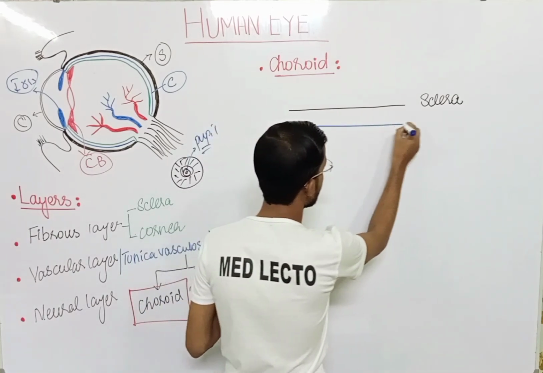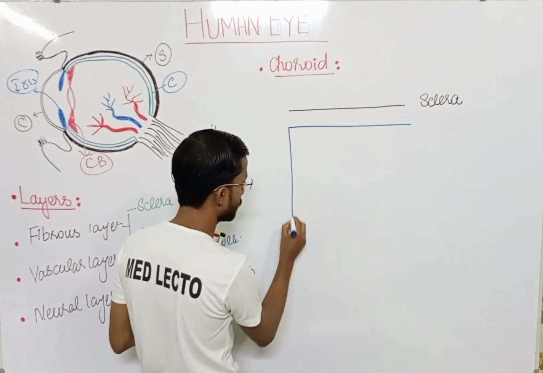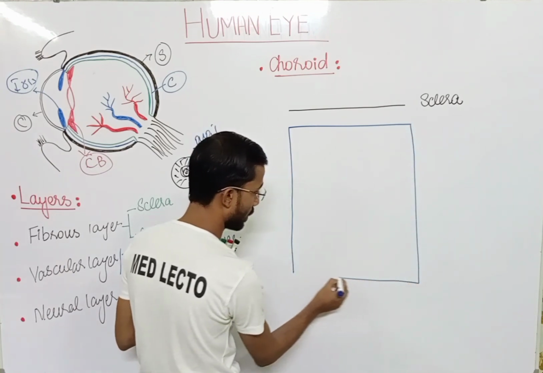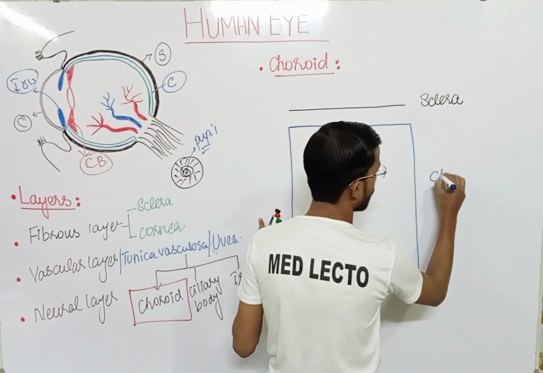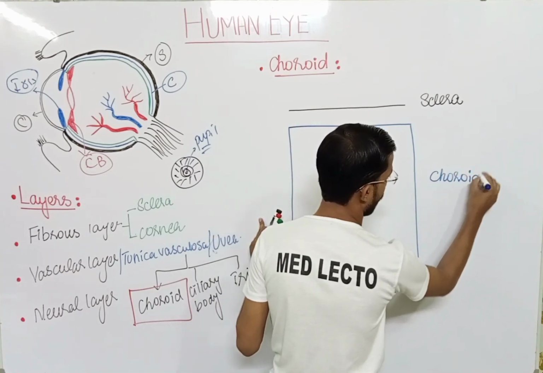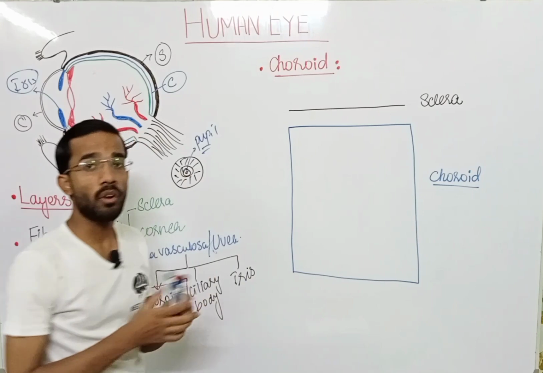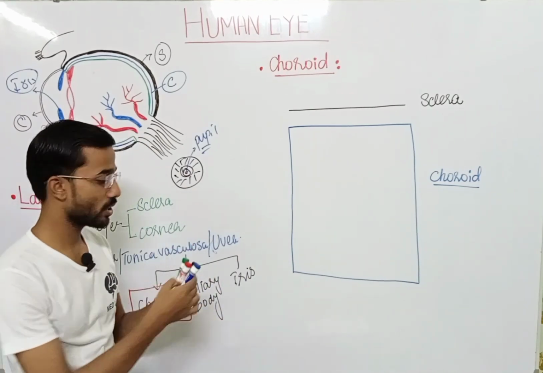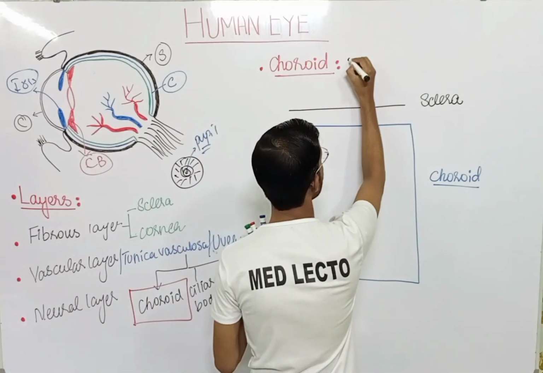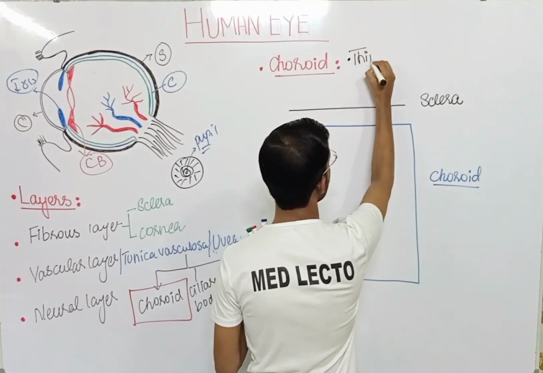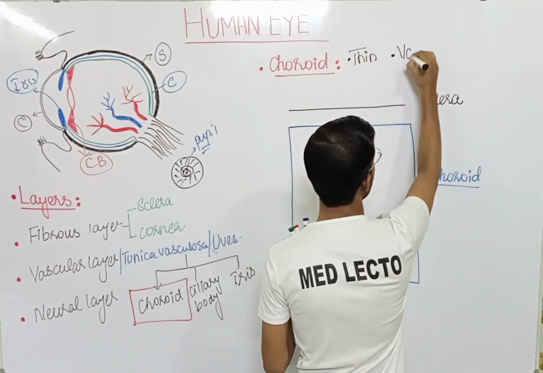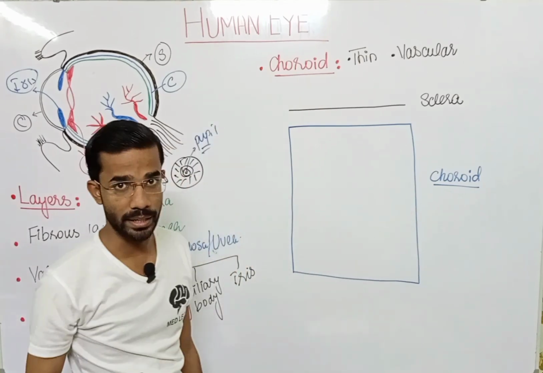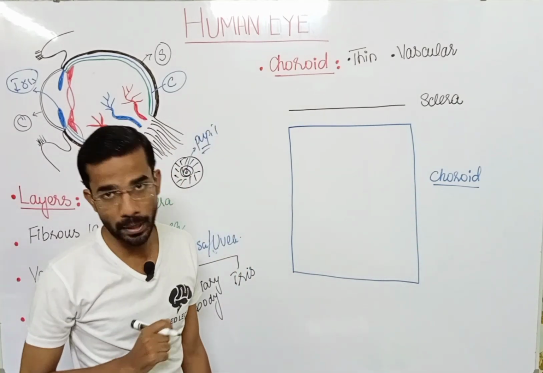The choroid is a thin, highly vascular layer. A lot of blood vessels are present in it, and it is dark brown in color.